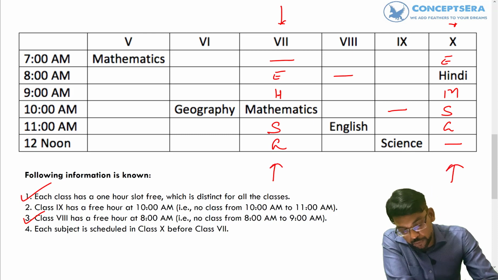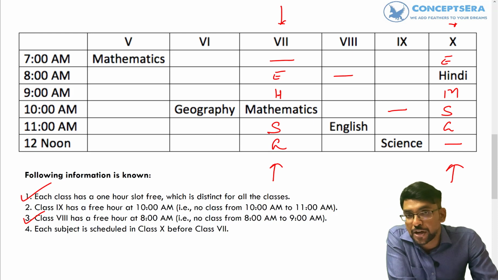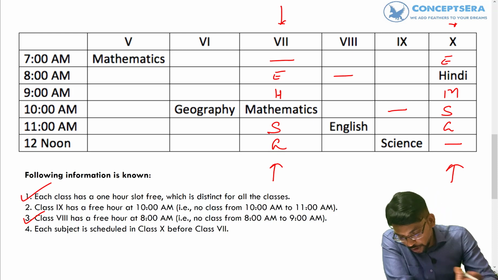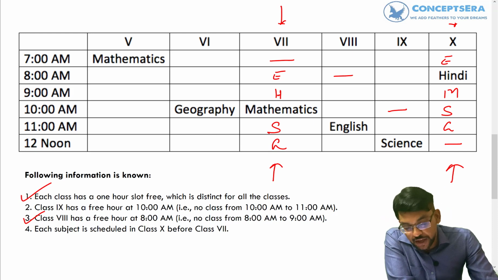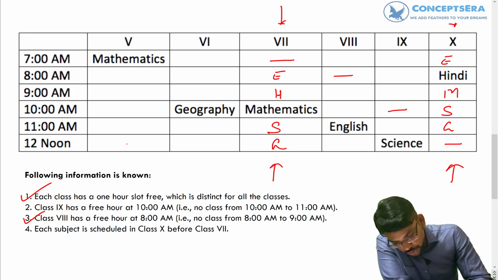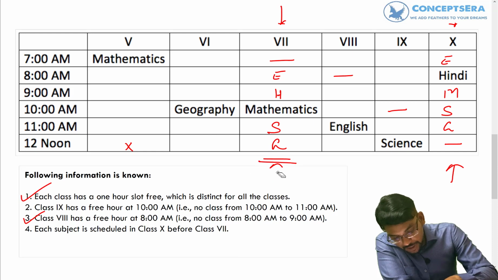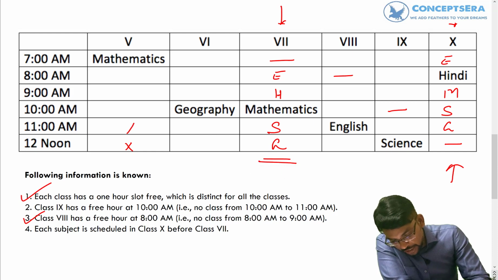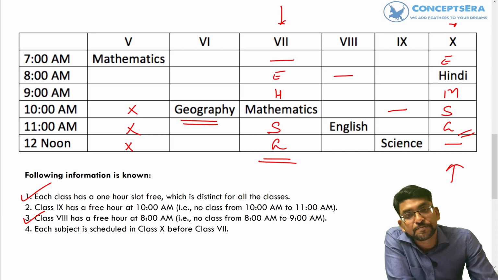So we have to follow a particular process and we can figure out how easily we can fill a particular row or column. Now if you come back to the fifth one, what exactly can we decode from here? Geography cannot happen here because it is happening at this position. Similarly, geography cannot happen here because it is happening at this position, and geography cannot happen here because geography is happening in this position.